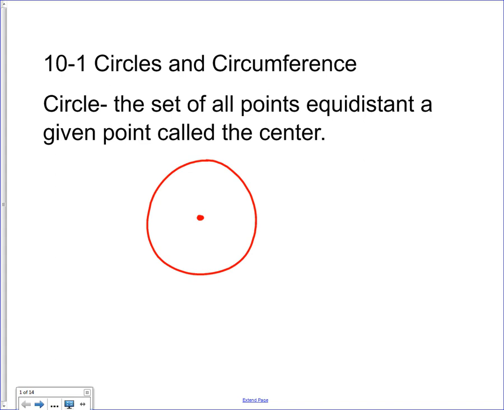And if we go from the center to a point on the circle, no matter how we do that, if it's a straight segment, it is going to be the same distance. And that segment does have a name. It's called the radius.